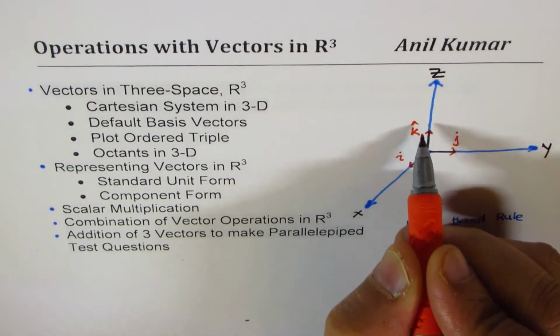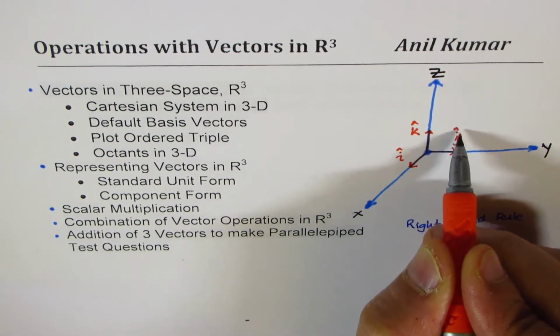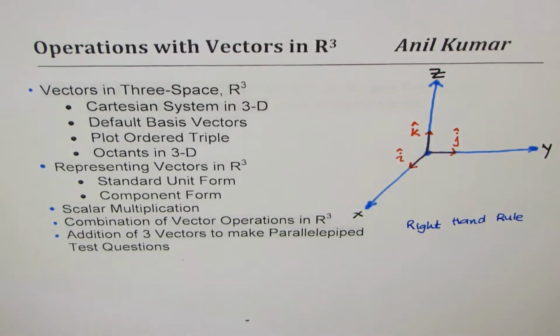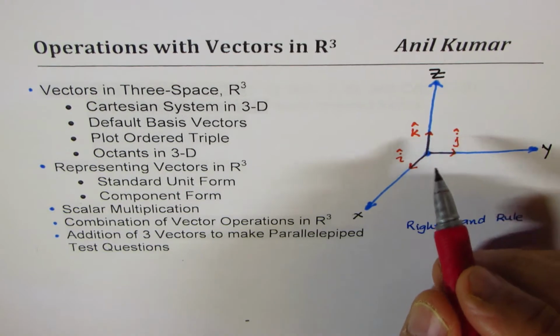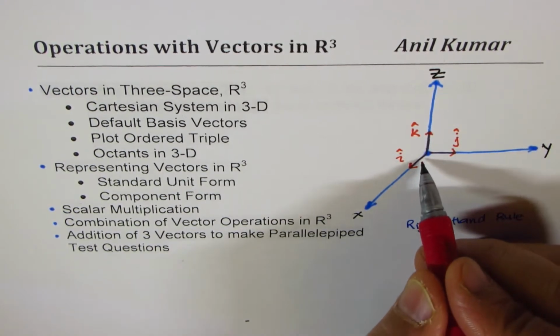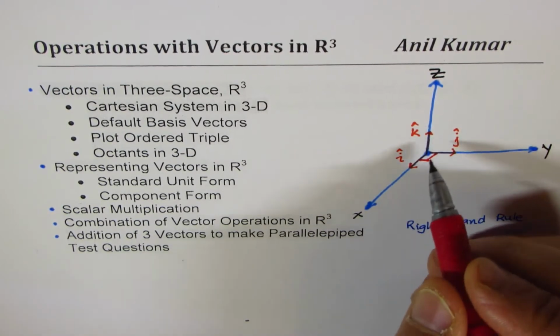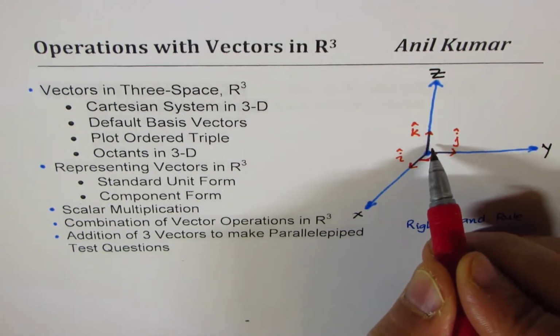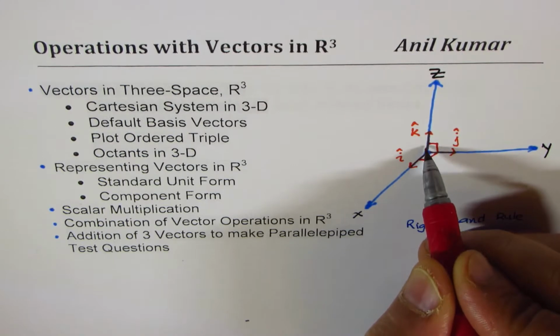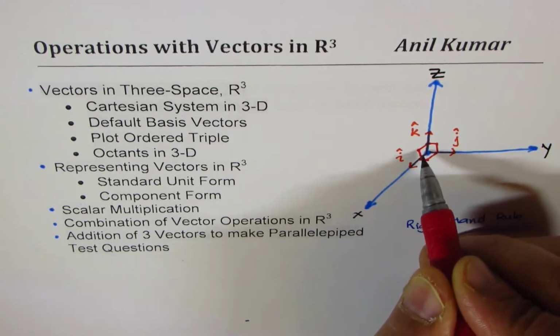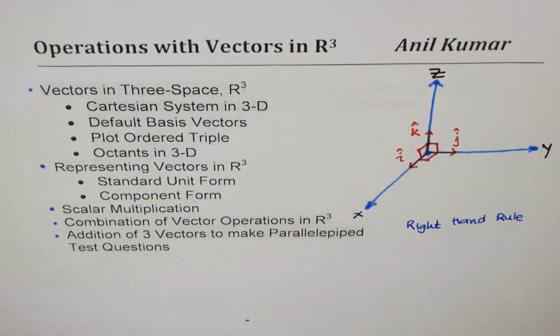Normally I'll be mentioning unit vectors with this kind of symbol. Now as you can see, in R3 all these planes are orthogonal to one another. The xy plane is like the floor of your room. The yz plane is the wall which you can see on one side, and the other wall. So these are all orthogonal to one another.